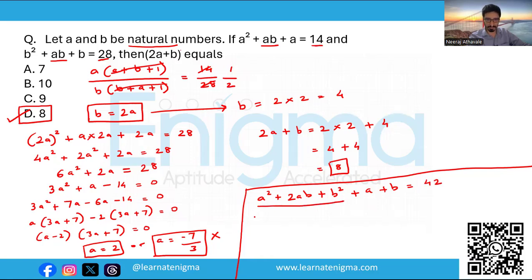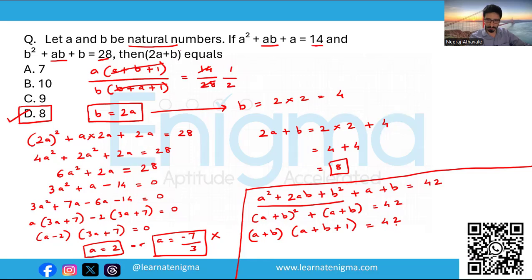Now I can see that a square plus 2ab plus b square is nothing but (a plus b) whole square, plus a plus b is equal to 42. Now here I can take a plus b common. So the other bracket becomes a plus b plus 1, and the product is equal to 42.